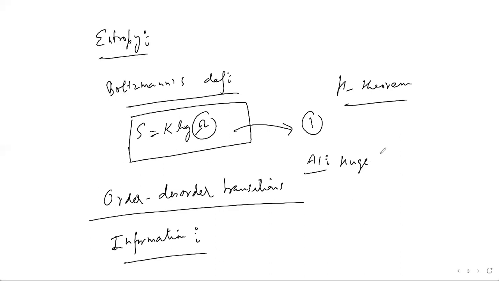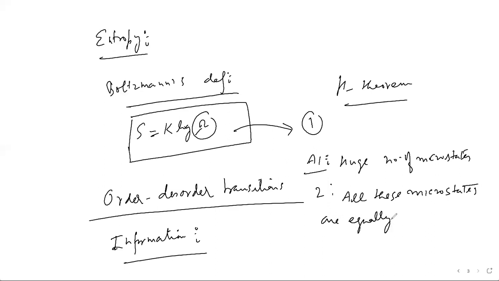Assumption 2 is that all these microstates are equally probable.